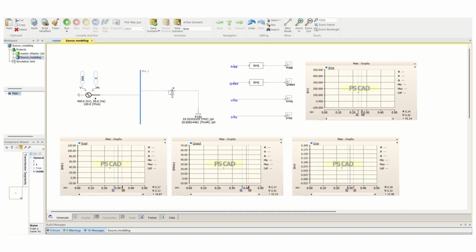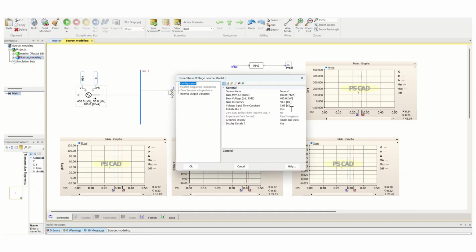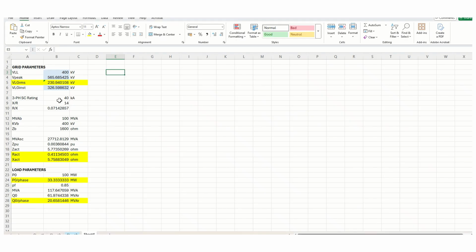Today what we are going to do is look at the impact of different grid short circuit currents on loads. So what does it mean? Firstly, we'll consider the source as infinite source. Later on we'll consider different three-phase short circuit currents for the source.